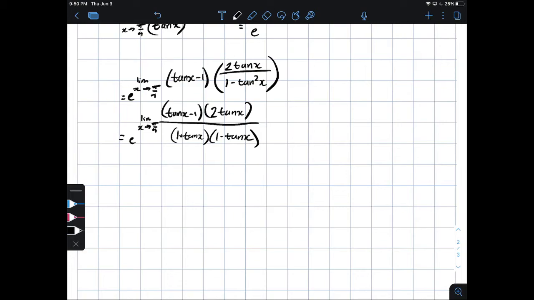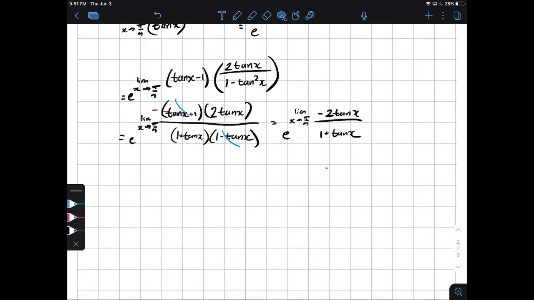And that doesn't cancel out directly, but if we add a negative sign to this, then the signs will switch. So now we can cross it out. The negative sign there too. So these cross out, and we're left with e to the limit x approaches pi fourths of negative 2 tangent x over 1 plus tangent x.